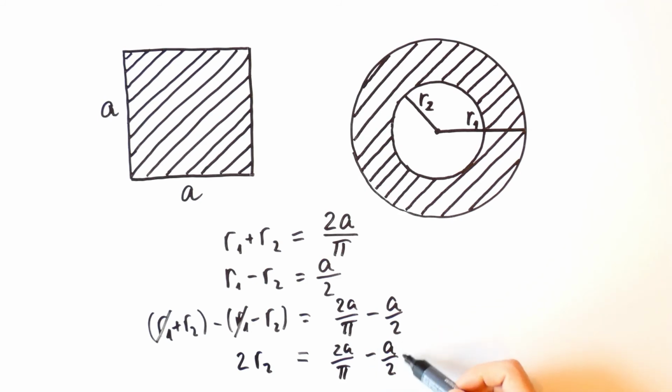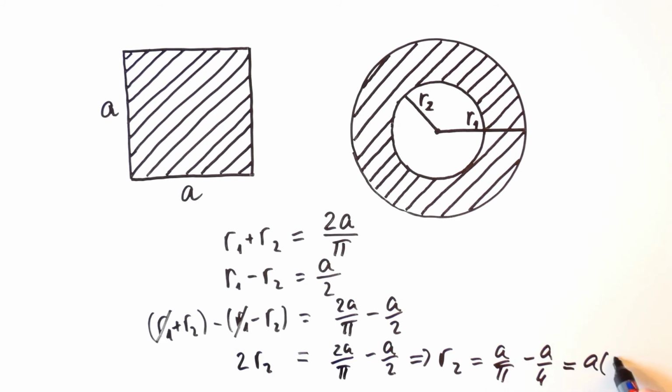And when we divide both sides by 2, we get that r2 is equal to a over pi minus a over 4, and that is equal to a times 1 over pi minus 1 over 4. This is the inner radius of our annulus.